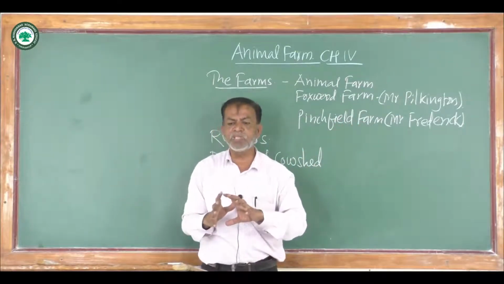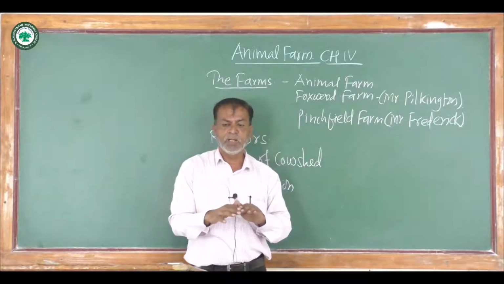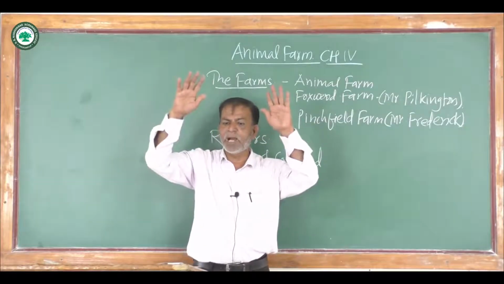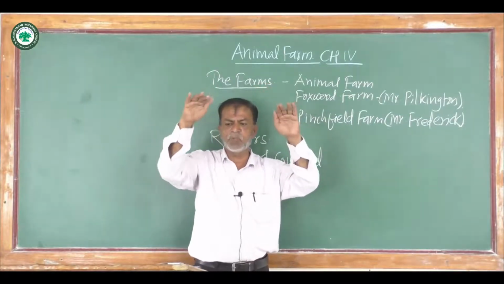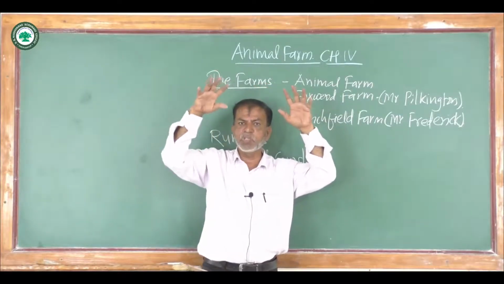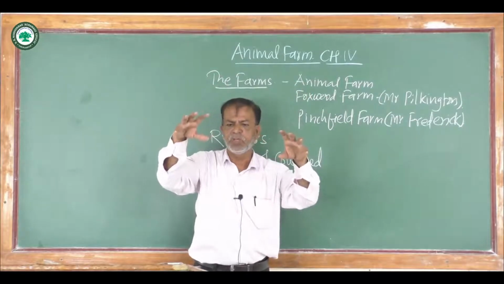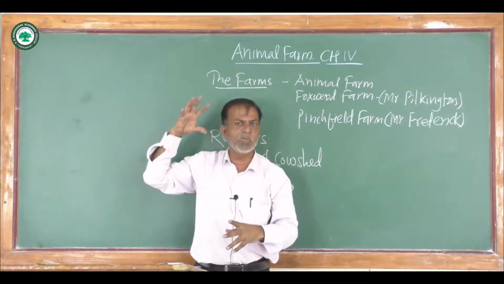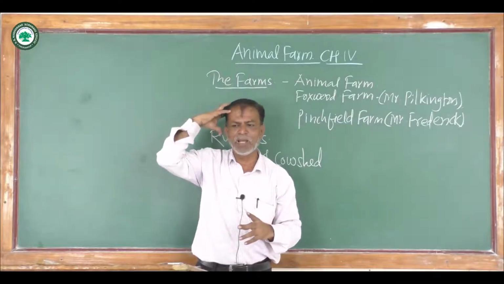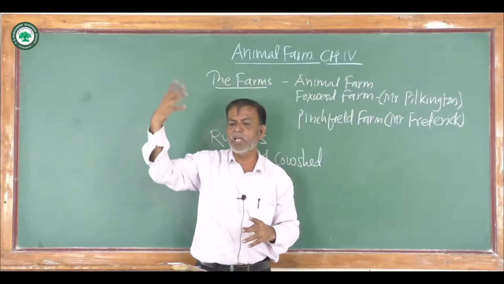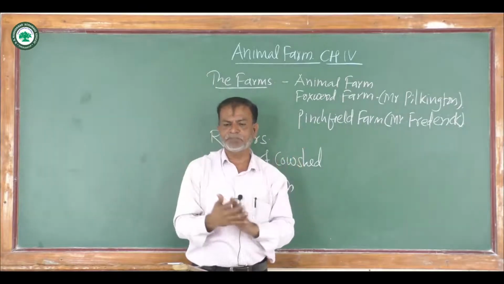Immediately, Boxer comes ahead, and he rears up on his hind legs and strikes out with his great iron-shod hoofs. His first blow is on Mr. Foxwood's skull, and it leaves him lifeless in the mud.